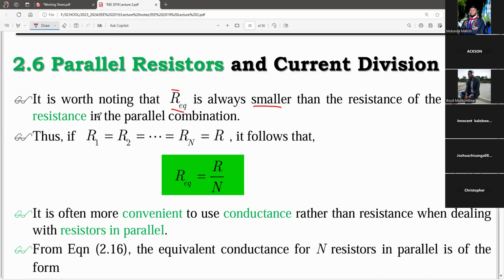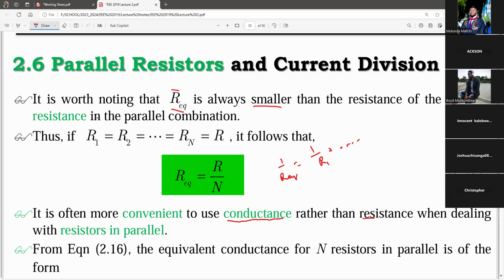It's like you're just determining the mean or something like that. Because of the issue of having 1 over Req equal to 1 over R1 plus and the like, it is convenient to use conductance rather than resistance when dealing with resistors that are in parallel.